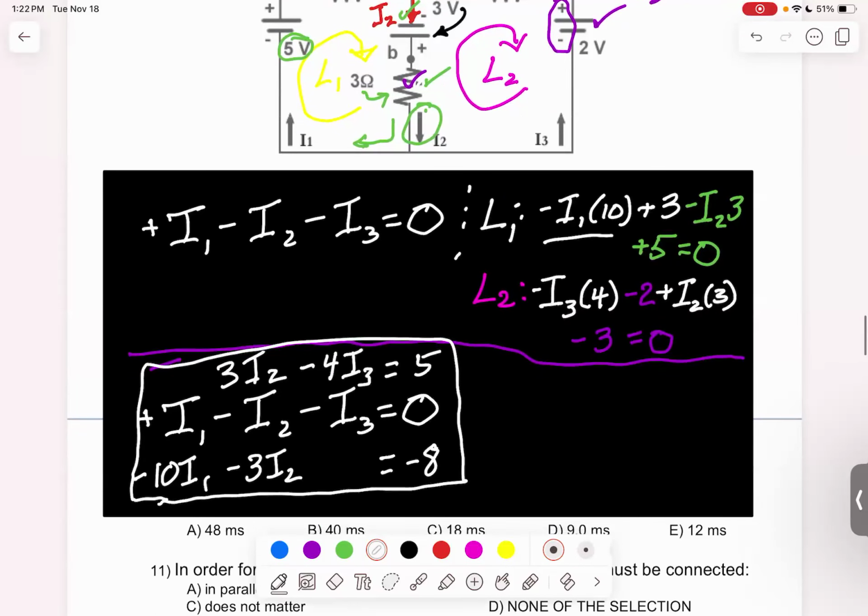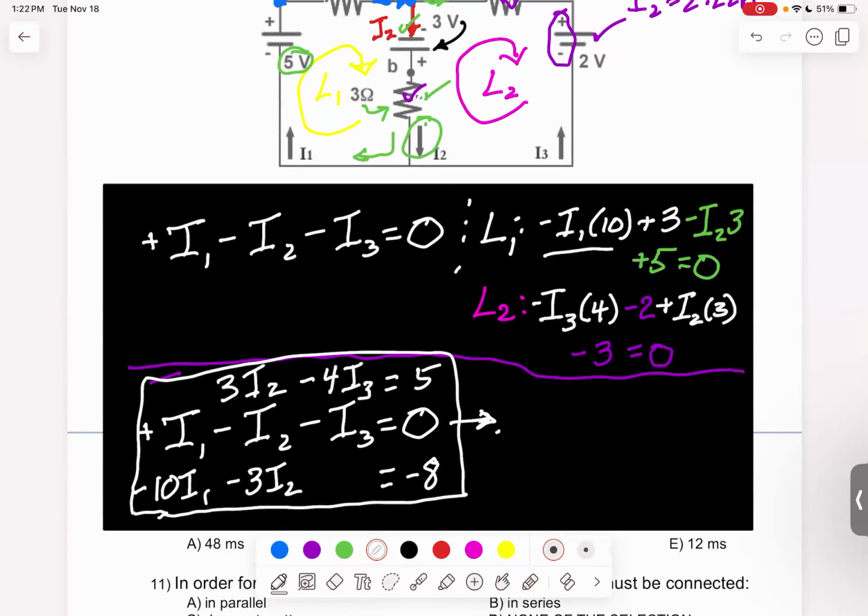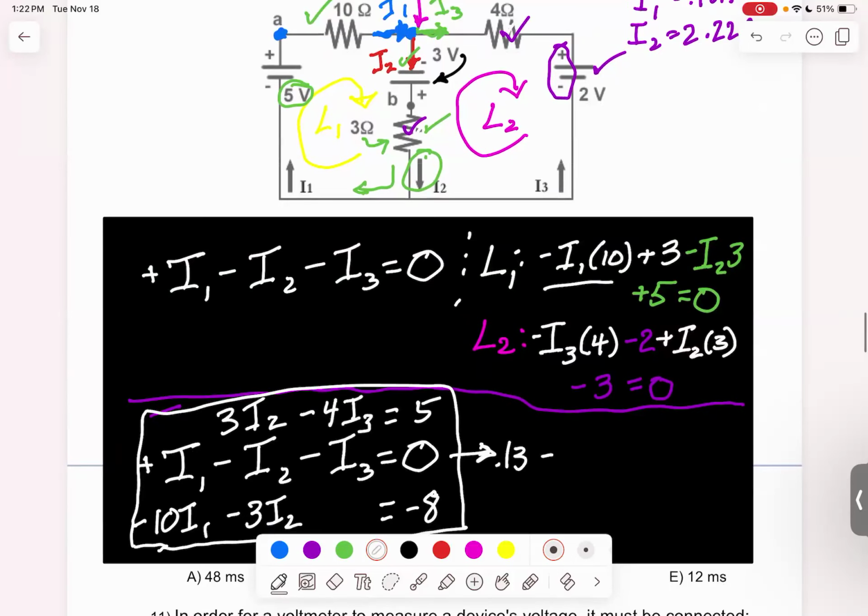I1 and I2 were given, so we should have 0.13 minus 2.22, and that should equal I3. When you subtract here, you'll get negative 2.09.